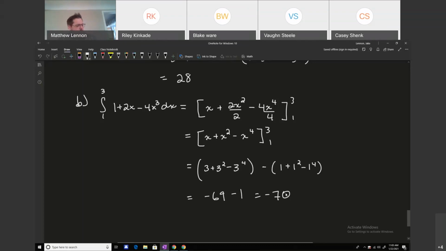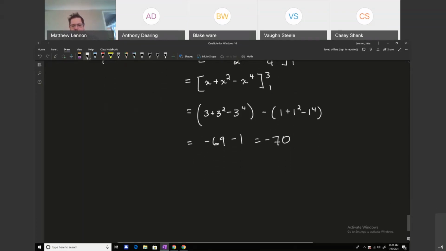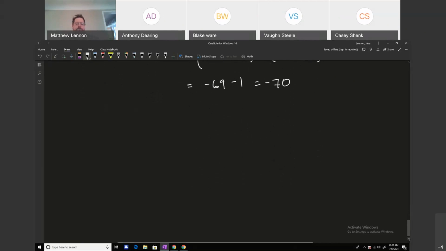Okay, great to hear. Okay, so then the last 3 were some of the newer rules, so they might not have been as straightforward to you. So the integral I have from 1 to 9 of 4 square root x dx. So again, the helpful thing is I mentioned to write this as x to the 1/2.